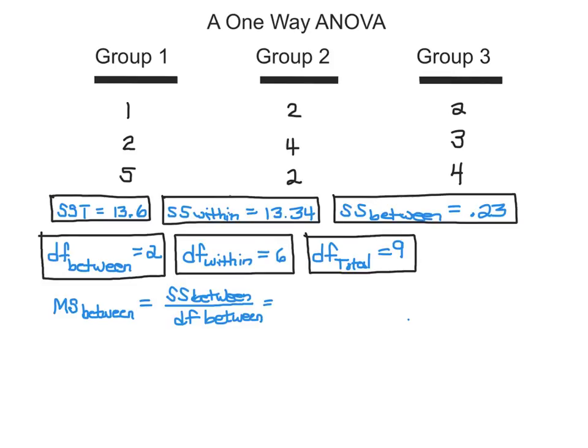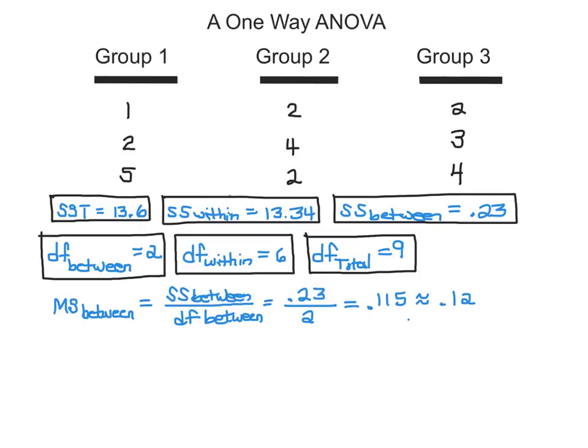The sum of the squares between is 0.23, and the degree of freedom between is 2. And so 0.23 divided by 2 is 0.115, which can be rounded to 0.12.